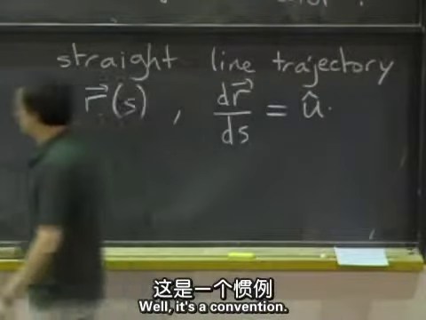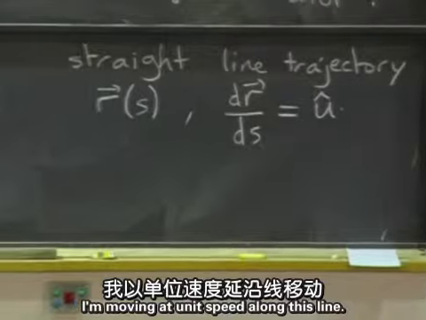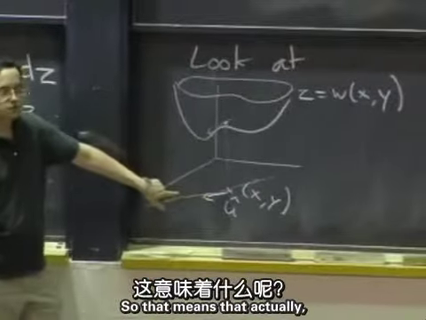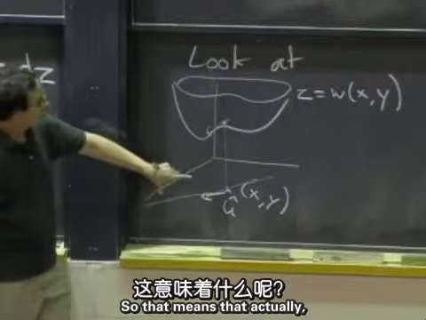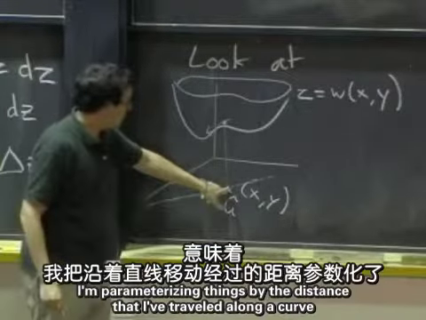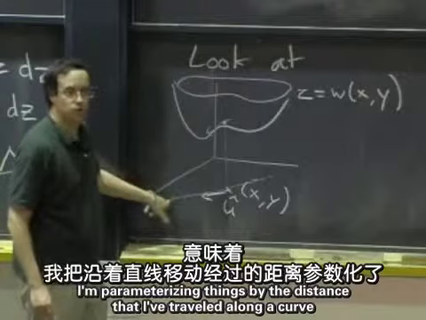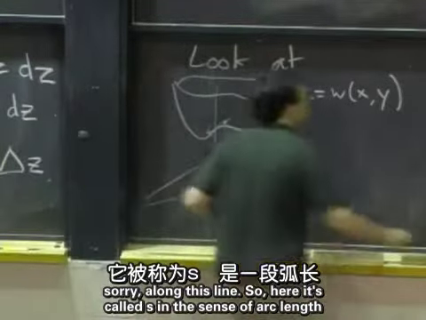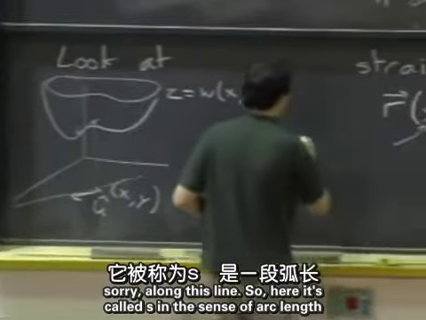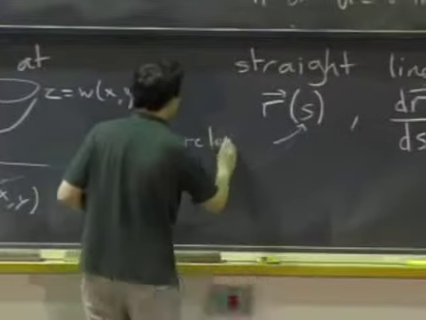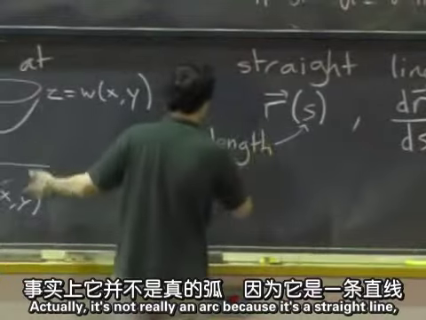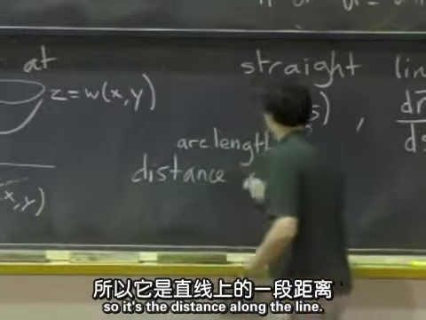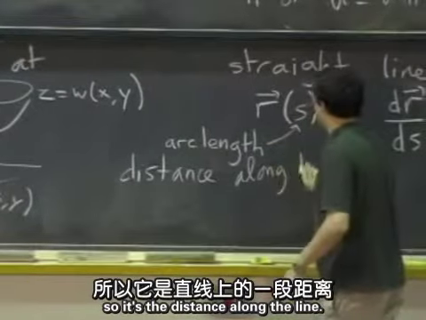Well, it's a convention. I'm moving at unit speed along this line. So that means that actually I'm parameterizing things by the distance that I've traveled along the curve, along this line. So here it's called s in the sense of arc length, or actually it's not really an arc because it's a straight line. So it's the distance along the line.